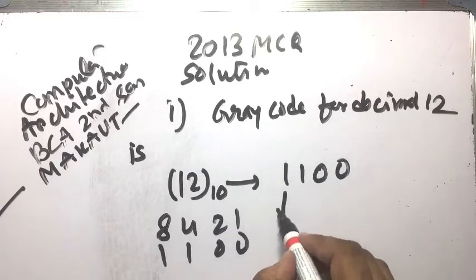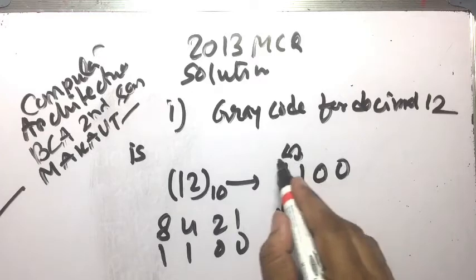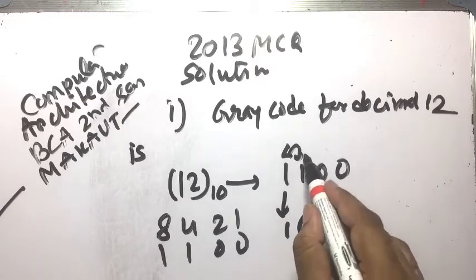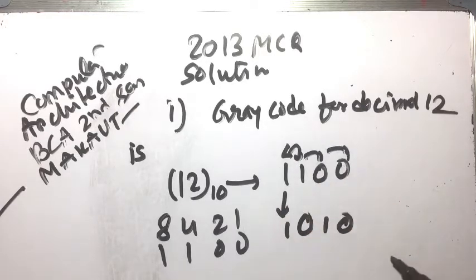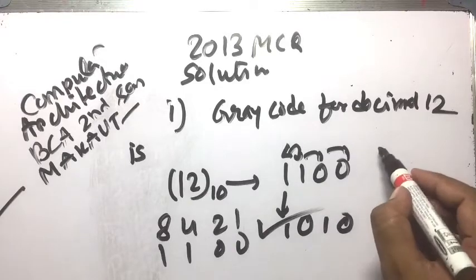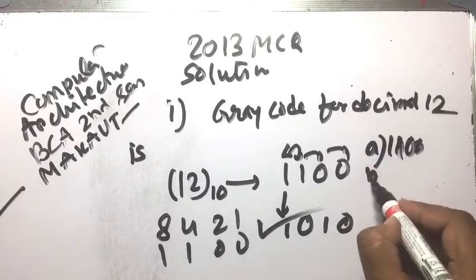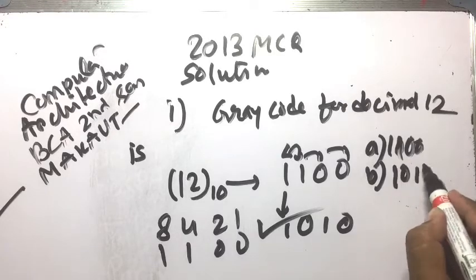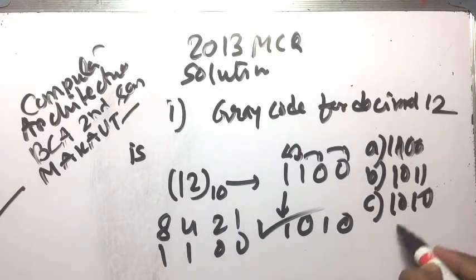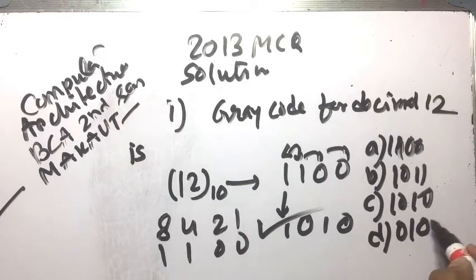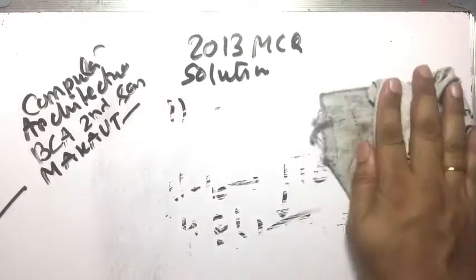The rule for Gray code: the first bit is copied and each next bit is the XOR of adjacent bits. The answer is 1010. Option A was 101100, option B was 1011, option C was 1010, option D is 0100, and the answer is C. So C is the correct answer.